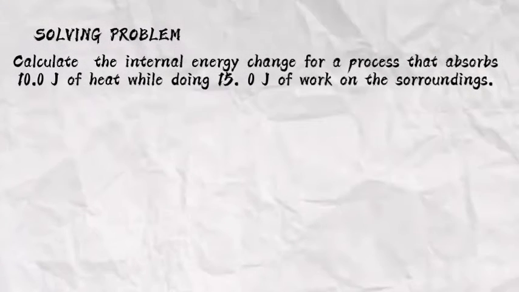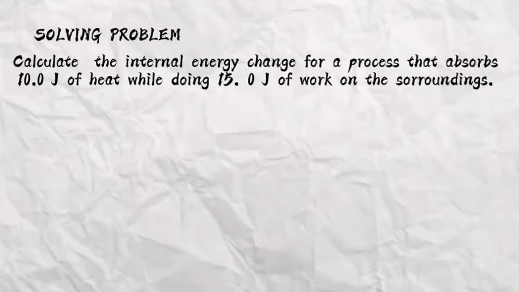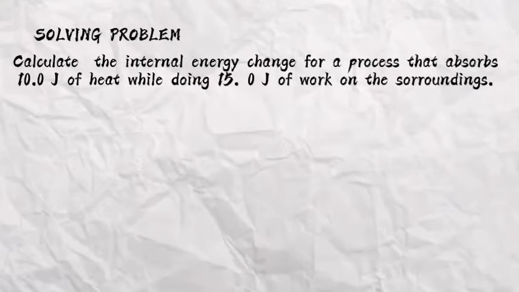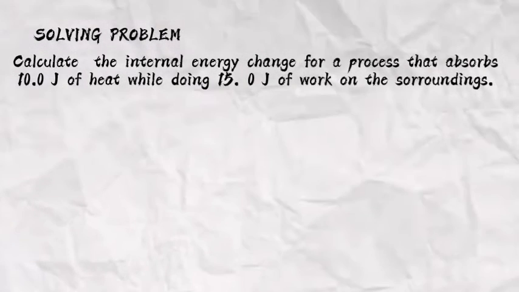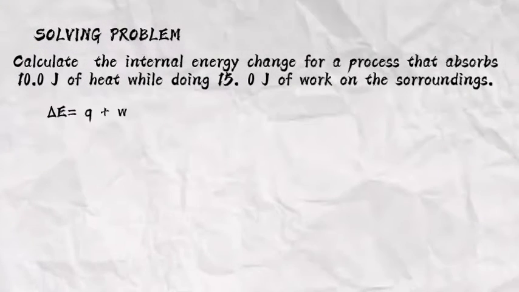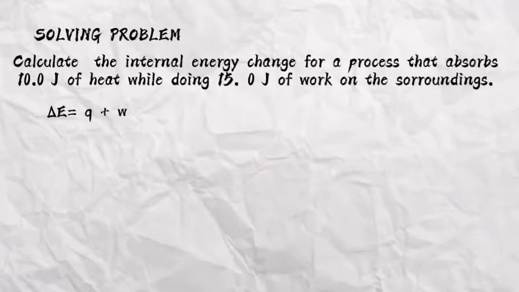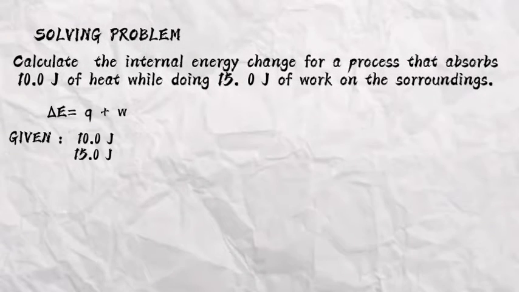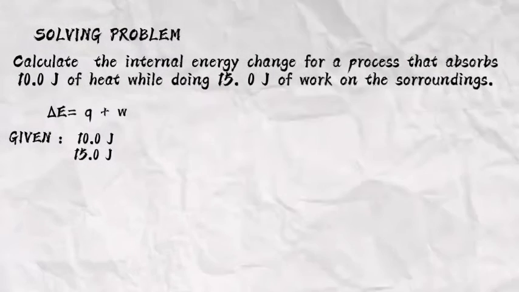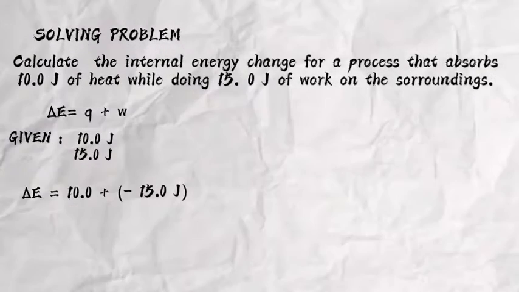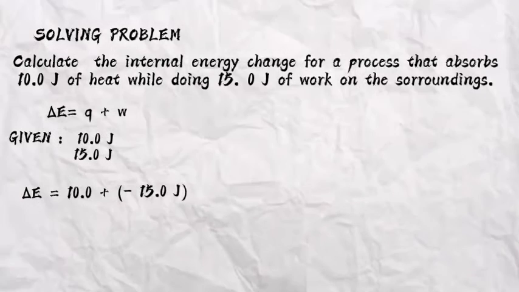Calculate the internal energy change for a process that absorbs 10.0 joules of heat and does 15.0 joules of work on the surroundings. We're going to use the equation delta E equals Q plus W. It's given 10.0 joules and 15.0 joules. So the Q is going to be 10.0 joules.